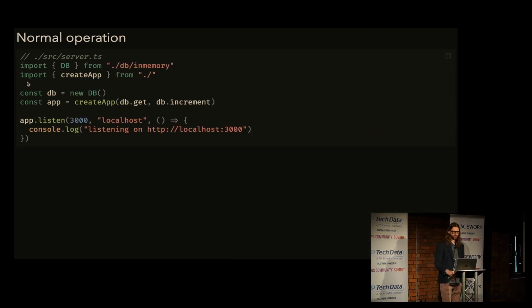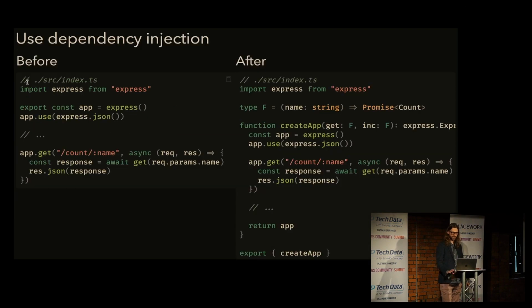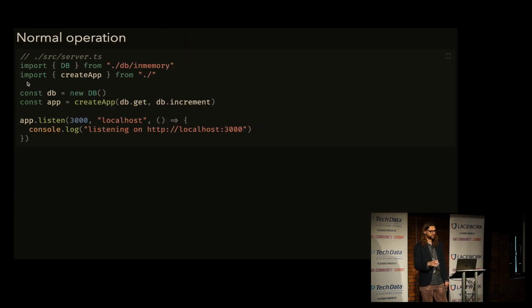And what that allows us to do is, I'll go into that in a sec, but normal operation is pretty much unchanged. You create a database class, and then you push the implementations of the get and increment functions into your application. So you're changing the behavior of the application from the outside of your application.